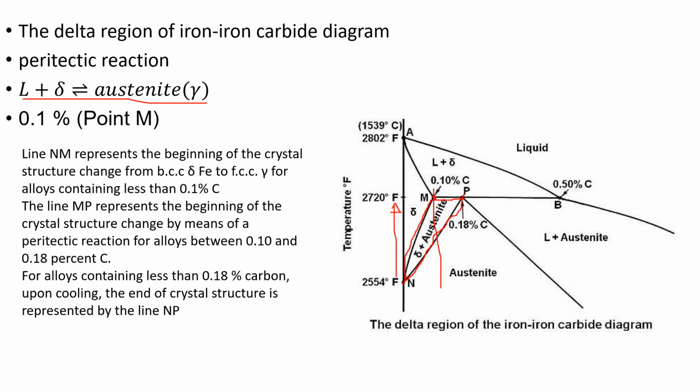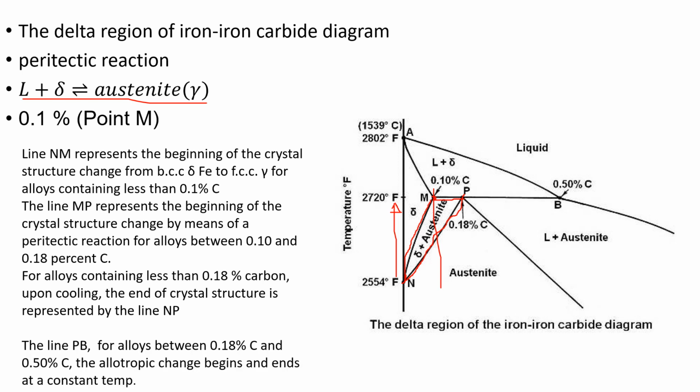When we cool a solution between 0.1% and 0.18% carbon, the delta plus austenite region is for those alloys when they are cooled down.